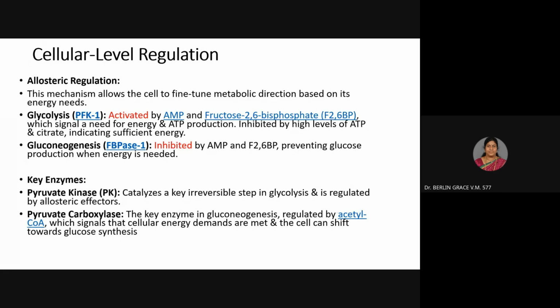Pyruvate kinase is the last enzyme in glycolysis, an irreversible step that is regulated by allosteric effectors. Similarly, the first enzyme in gluconeogenesis, pyruvate carboxylase, because if you look from the reverse, is regulated by the acetyl-CoA level, which signals that cellular energy demands are met.